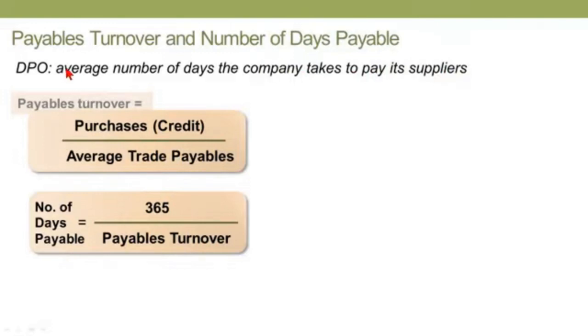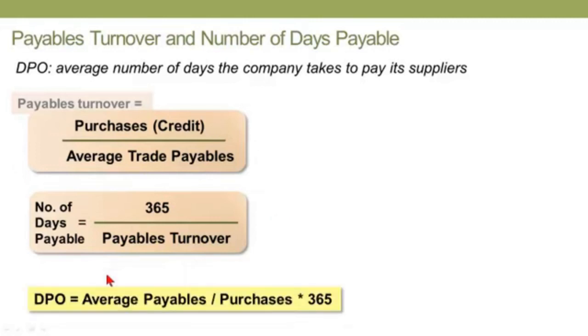Finally, payables turnover and number of days payable. Similarly, payables turnover is purchases divided by average trade payables. Then we take that payables turnover, divide it into 365, and can find the equivalent elegant expression here, DPO, days payable outstanding.